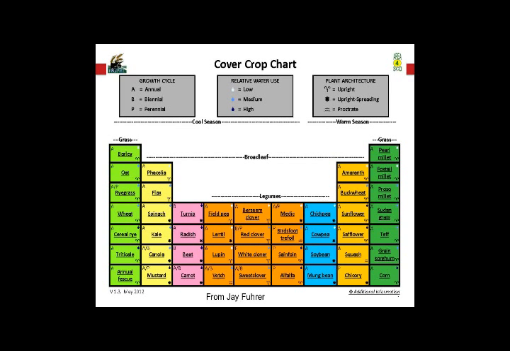We have the cool season and we have the warm season. So generally, the cover crops that are grown in the cool season, we would plant them in late summer, early fall. And the warm season, generally they'll die out or they're going to do most of their growing during the summer months.